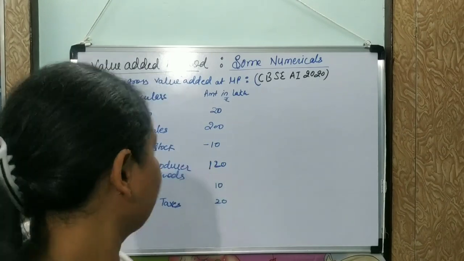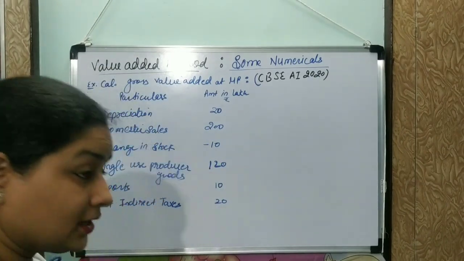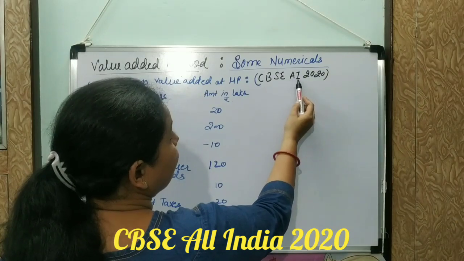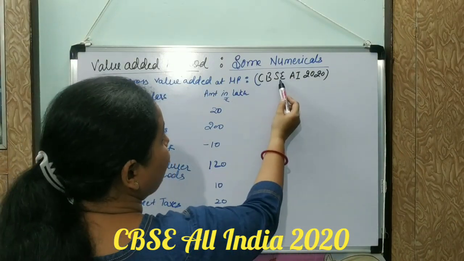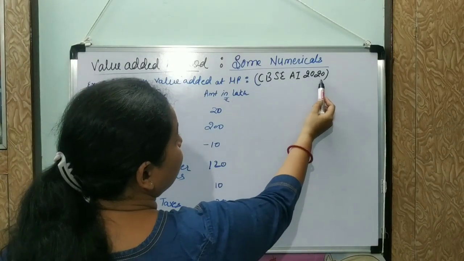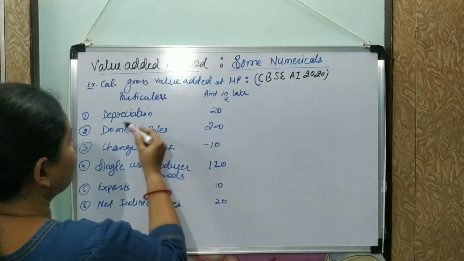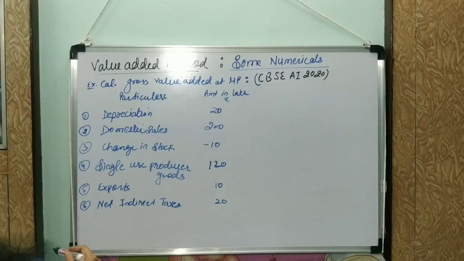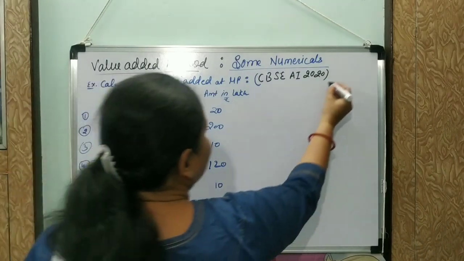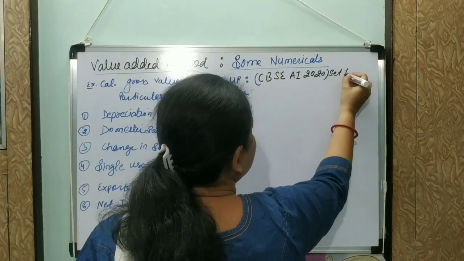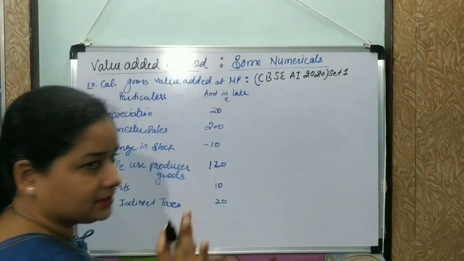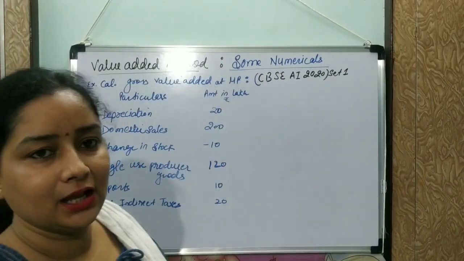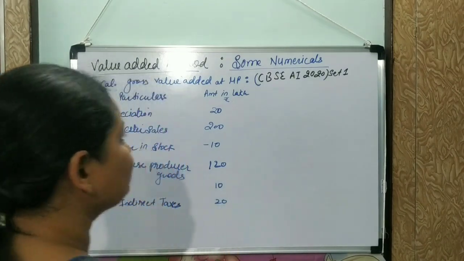Now we are going for the new pattern of question which was given in board examination this year, all India paper, that is CBSE All India 2020, in which this pattern of question has been asked, and that was of set A. Because in board examination 3 sets are there, set 1, set 2 and set 3, and this was the question in set 1, right? So we are going to solve this question.